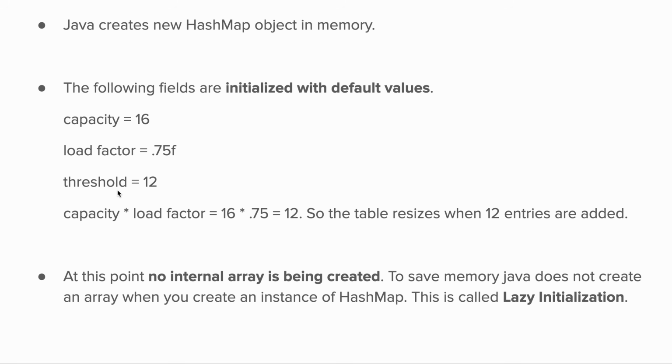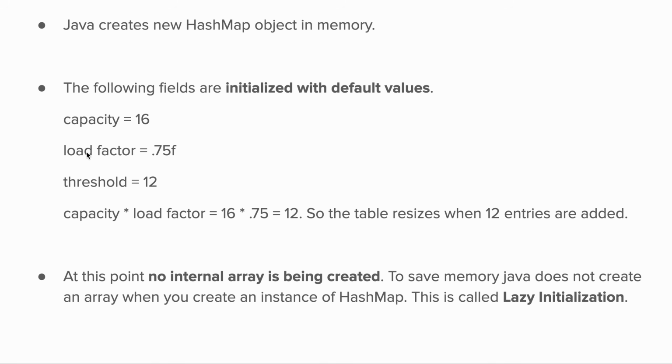And the third one is threshold. This is calculated by multiplying capacity and load factor, right? So if the default capacity is 16, then the threshold will be 12. It tells Java when to trigger a resize. In this case, after 12 entries are added, when we add the 13th entry, it will trigger the resize.